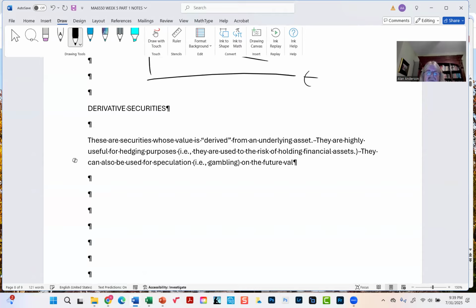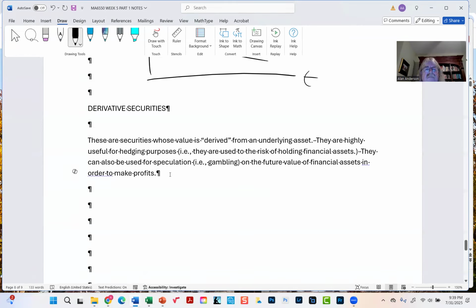On the future values of financial assets in order to make profits. So you can gamble, you can roll the dice and say, I think gold is going up in the future. And now, of course, you can buy the gold and hopefully sell it at a profit.